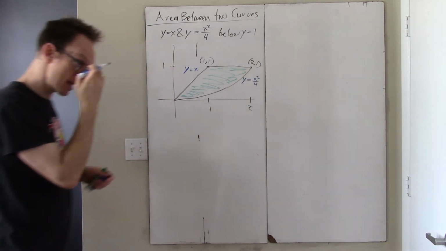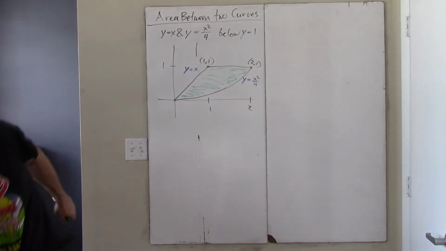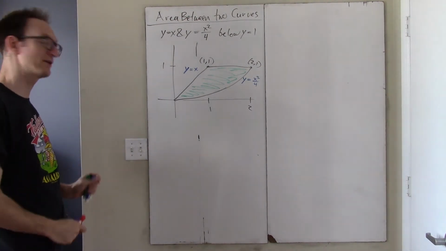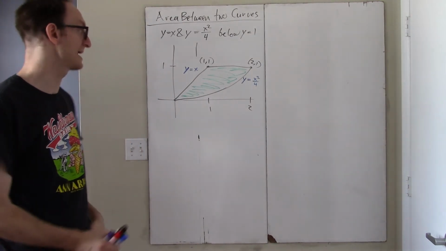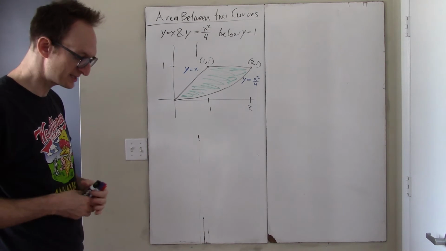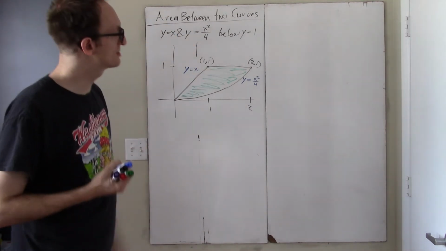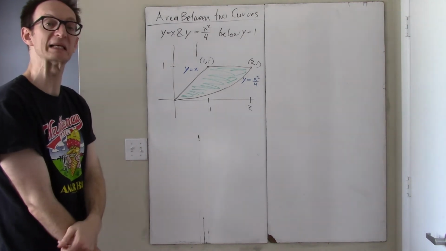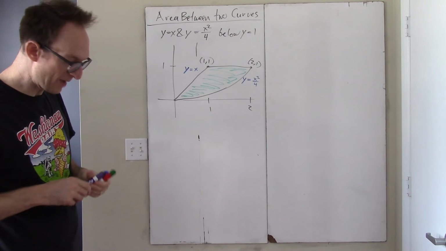But I start to see that there's kind of a problem, and the problem is that there's no absolutely simple, straightforward way to do this anymore, because I have this region. I want to divide this region up into an infinite number of infinitely small regions so that I can add them all up. Okay, well, how am I going to do that?